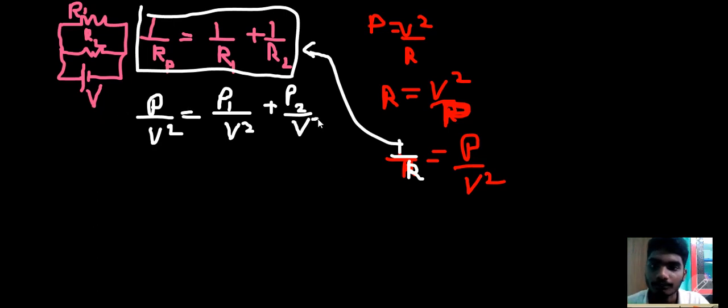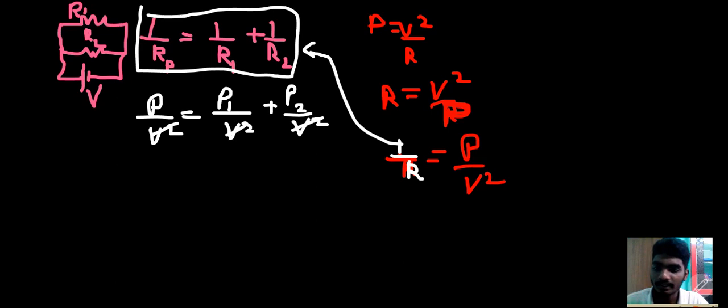So V square, and by cancelling this, we can write it as 1 by V square commonly outside. Here we are going to cancel these things. This is in parallel.